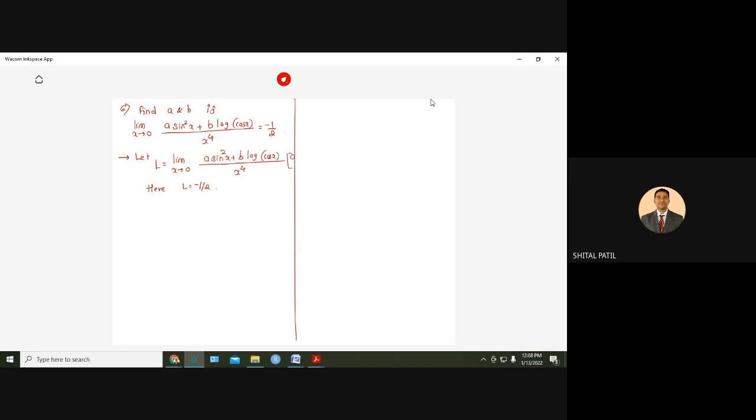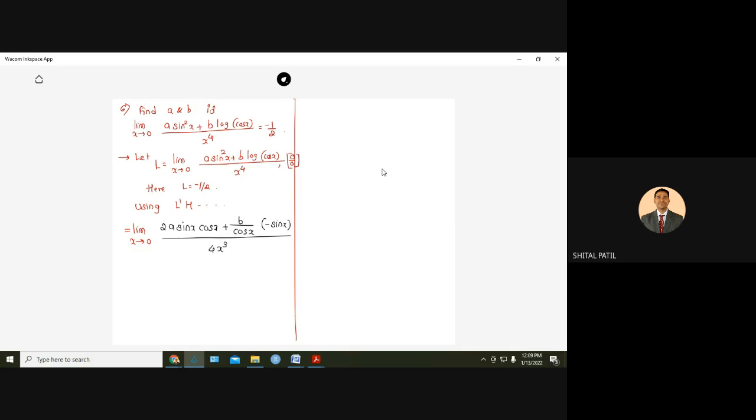So we are getting 0 by 0 form. Using L'Hospital's rule, the derivative is 2a sine x cos x plus b divided by cos x times the derivative of cos x, which is minus sin x, divided by 4x cube.